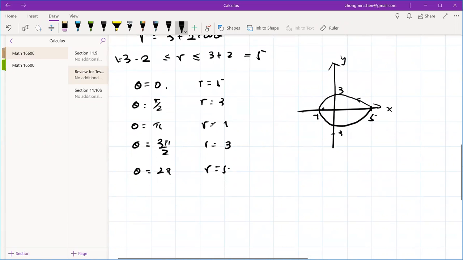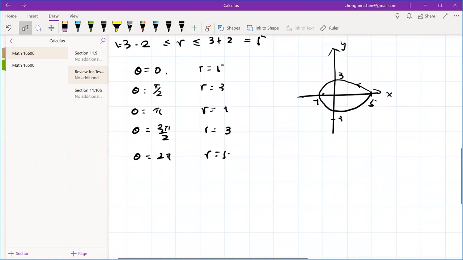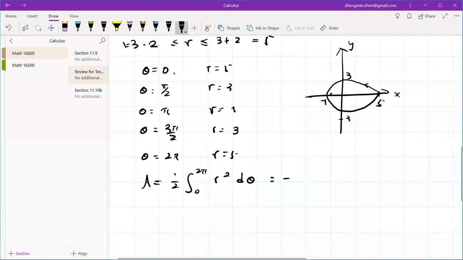Now, write down the formula for the area. The area is the integral from 0 to 2 pi of one half r squared d theta. You write down that formula first before you put the details in. It's going to be 1/2 times (3 plus 2 cosine theta) squared d theta.